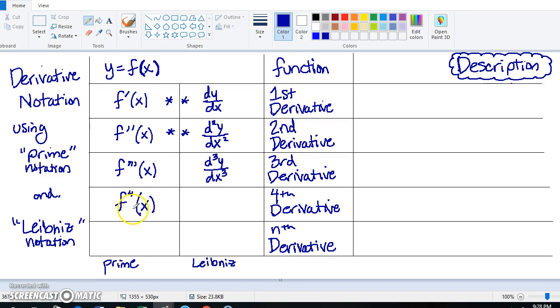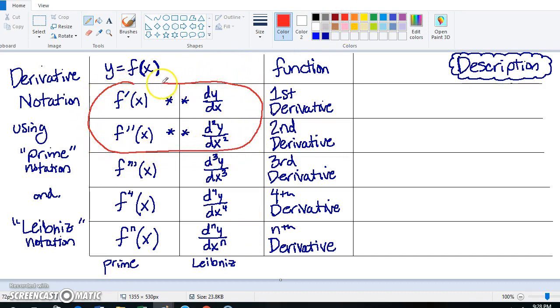So this would be the fourth derivative of f with respect to x, and d to the fourth y over dx to the fourth. If you write that in general, the nth derivative is f superscript n of x and the nth derivative of y with respect to x. Okay, again, for the most part, just focus on knowing and understanding the first and second derivative notations.